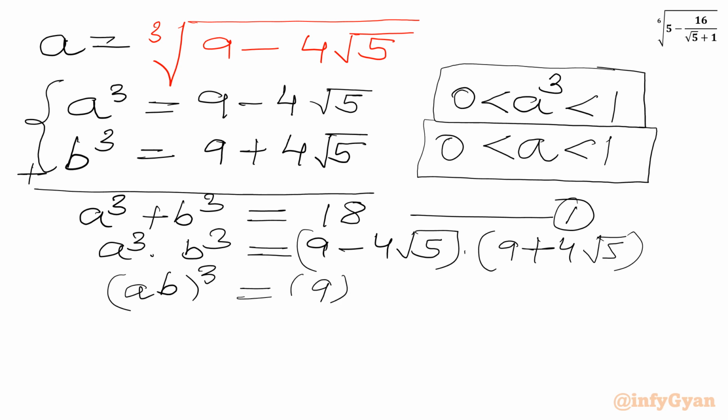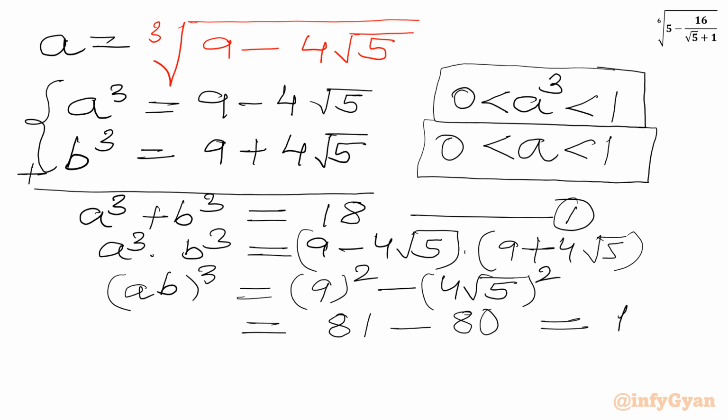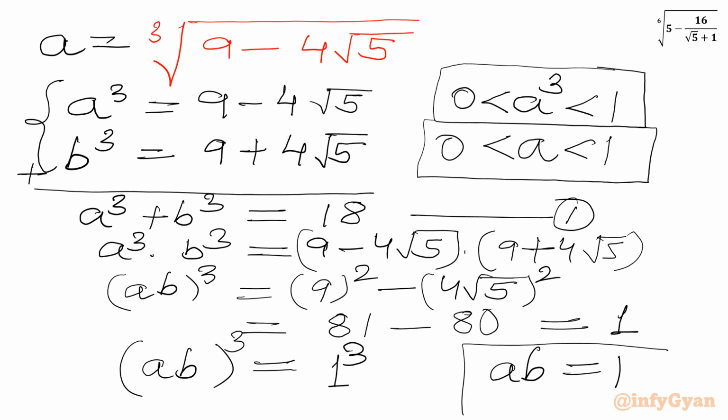RHS will be 9 whole square minus 4 square root 5 whole square. 9 square is 81 and 4 root 5 square will be 16 times 5, so 80. So this value will come out 1. Can we write 1 as 1 cube? LHS is ab whole cube. Once we consider cube root on both sides, for real ab value, we will get ab equal to 1. I will call this equation number 2. So I can write here two equations: a cube plus b cube equal to 18 and ab equal to 1.